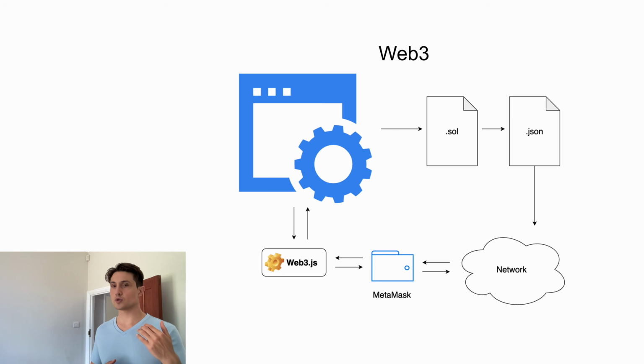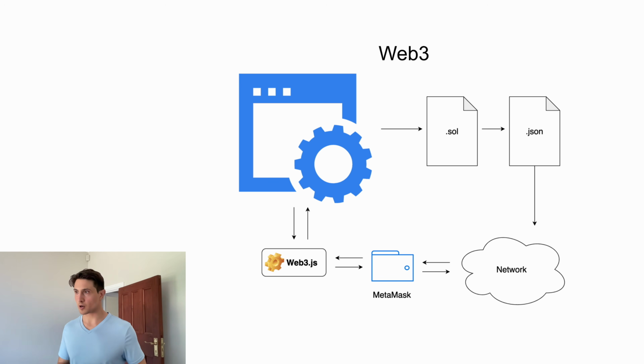So we will use a JavaScript library called Web3.js, and that will actually load your contract and allow you to call functions that are on the smart contract using Web3.js.